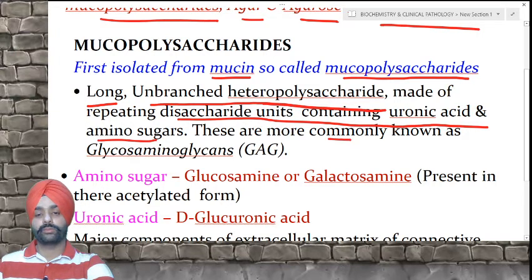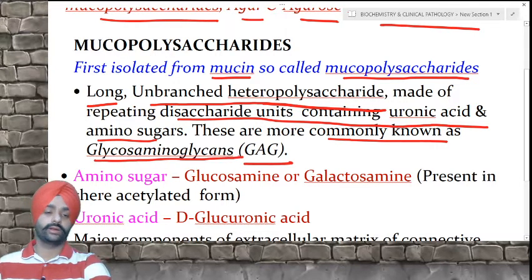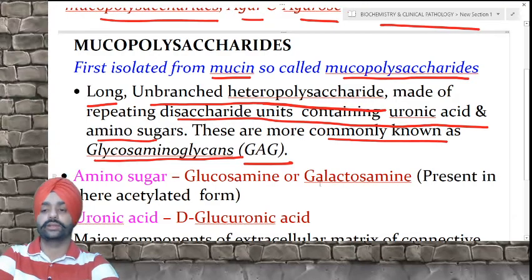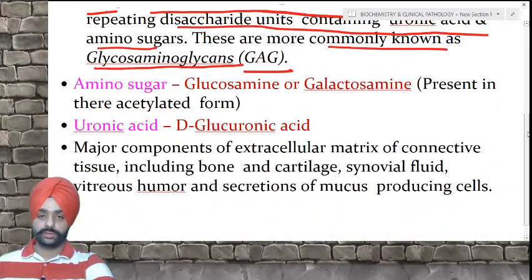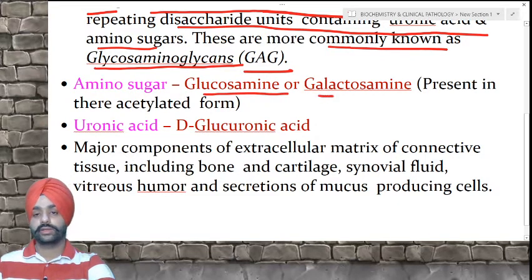These are more commonly known as GAGs or glycosaminoglycans. So what are amino sugars? These are a combination of glucosamine and galactosamine present in their acetylated form.